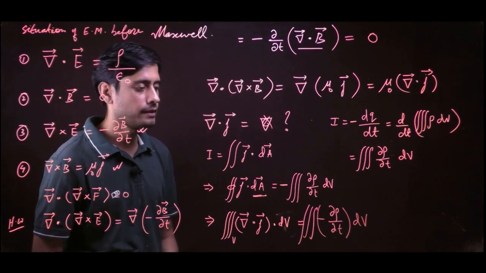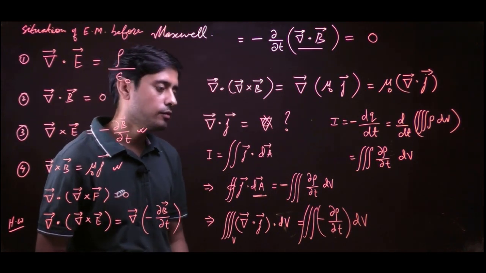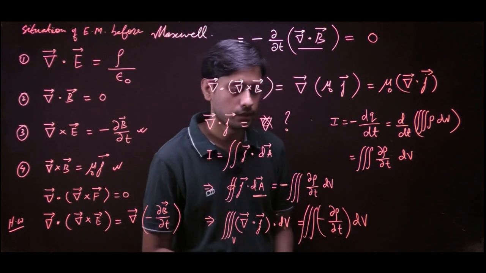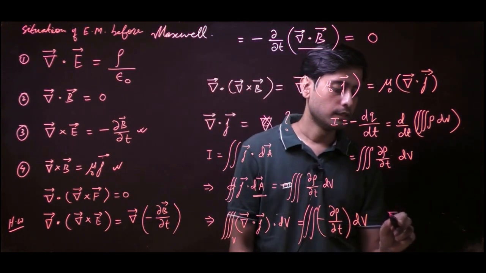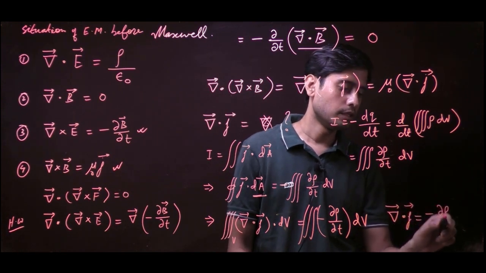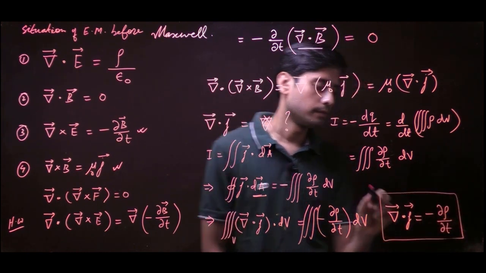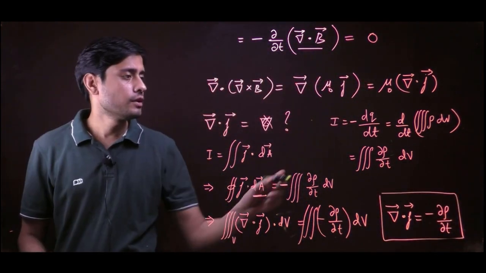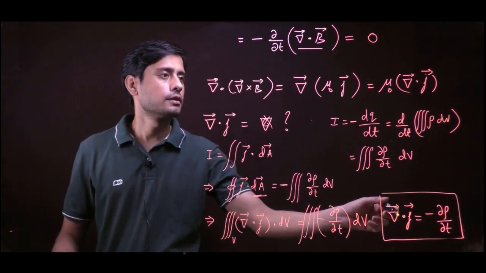So integrated over dV, if you compare these two equations, you will get that del dot J equals minus del rho over del t. We will use this term here.